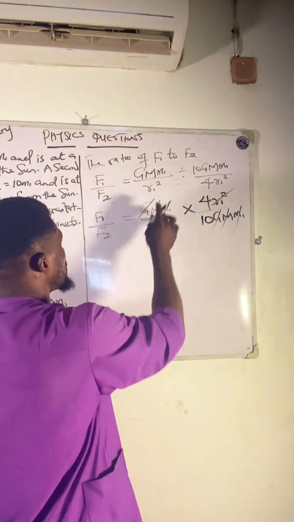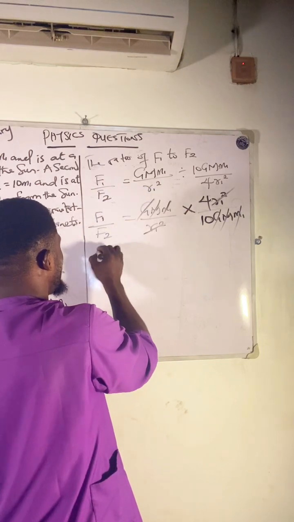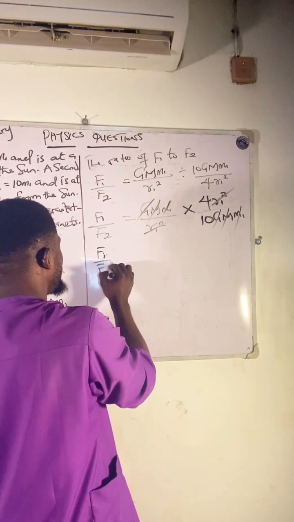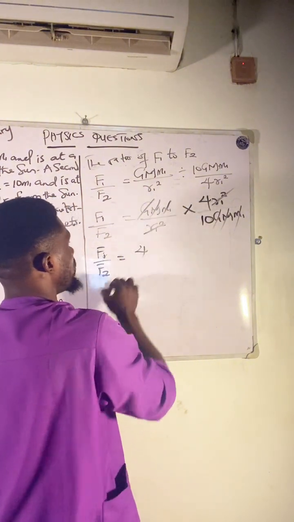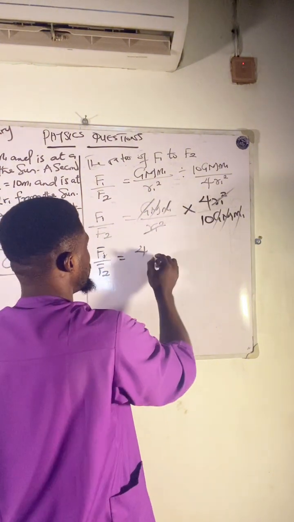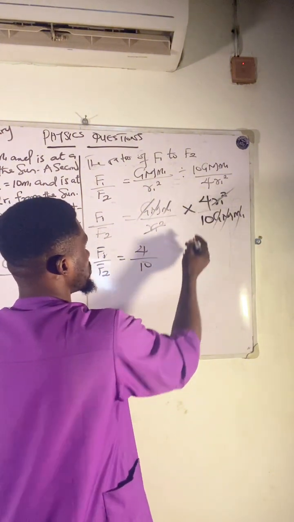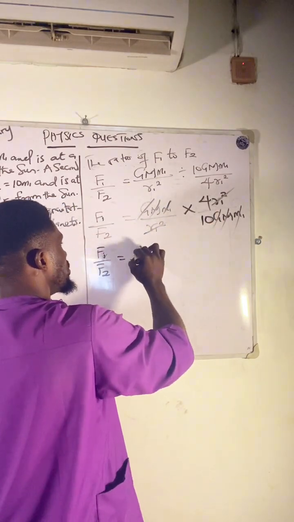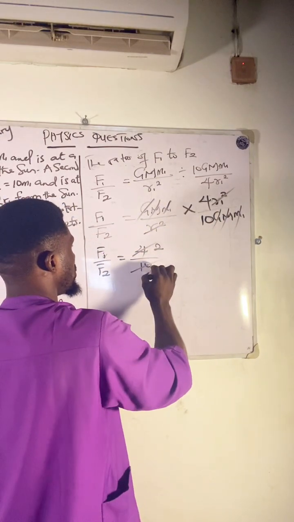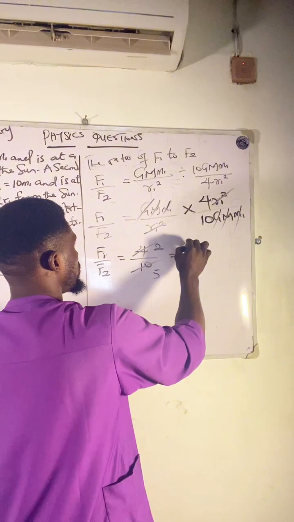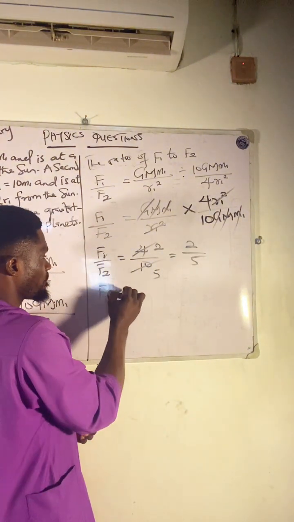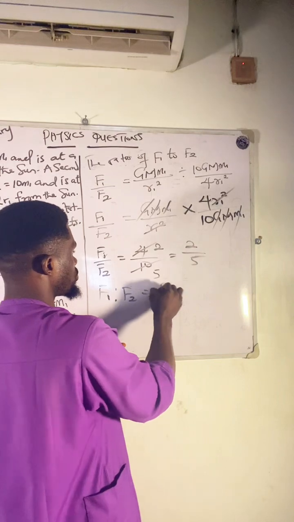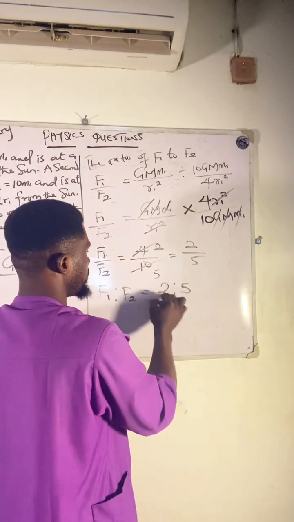So we are left with F1 over F2 equal to 1 times 4, which gives 4, over 1 times 10, which gives 10. We forgot to cancel this one: 2 can go here, 2 can go here, 5. So we're going to have 2 over 5. The ratio of F1 to F2 is 2:5.